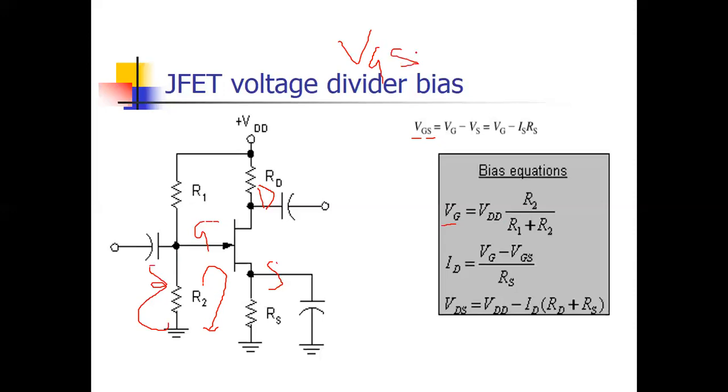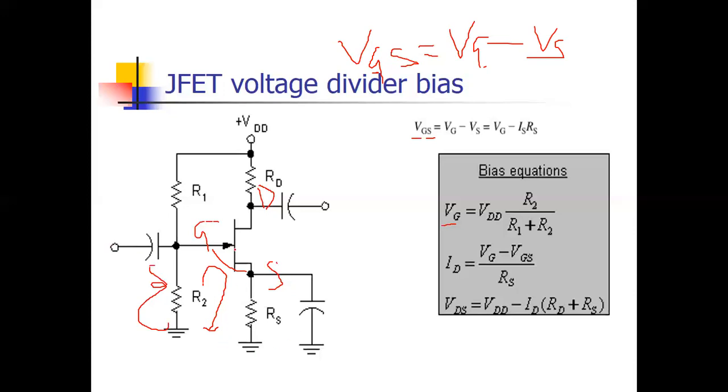So you can write VGS as VG minus VS. Whichever point comes first, G first, so G first. If it were SG, then you can write VS minus VG. So VGS means voltage across gate and source, so voltage across gate minus voltage across source. VG minus VS. What is VS? VS is ISRS, or you can write IDRS.